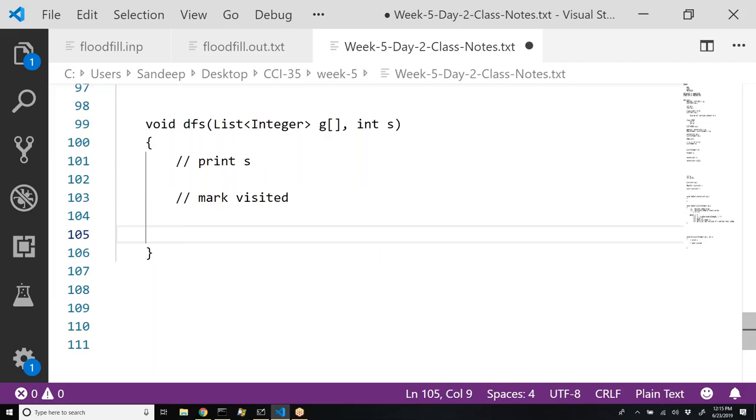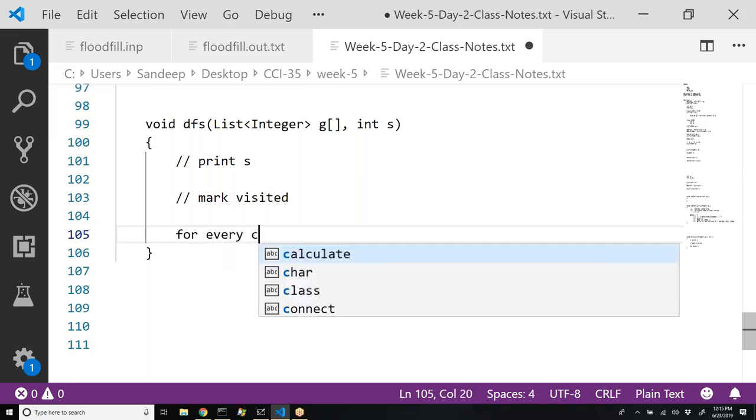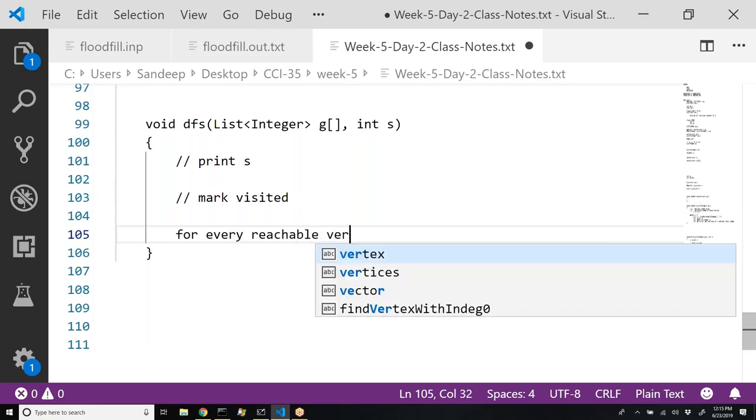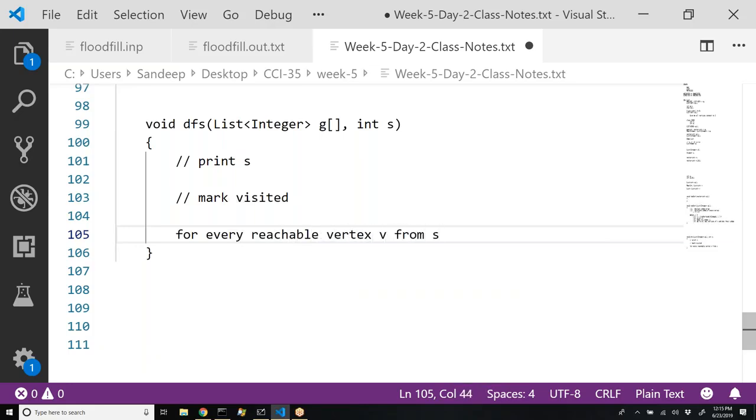Then what should we do? Yeah, we will do that. So we come to one vertex, you print the vertex, you mark it done. Then what do you do? For every reachable vertex V from S, what should we do?